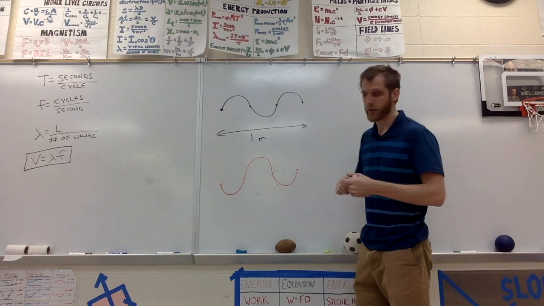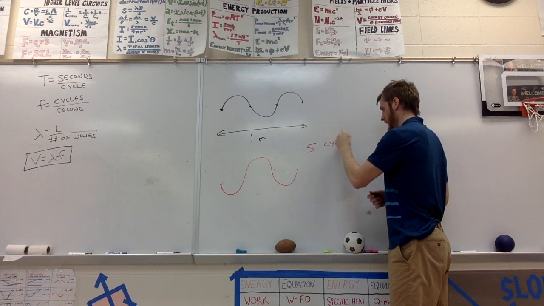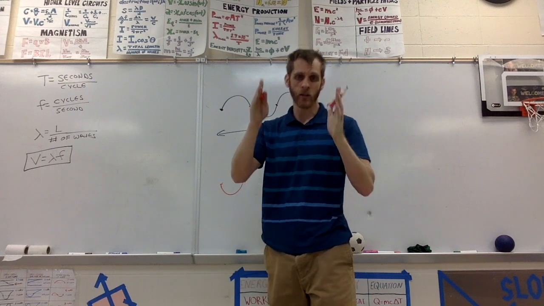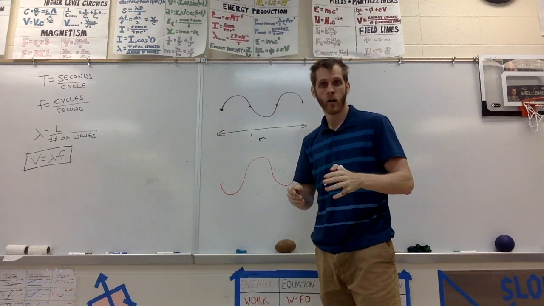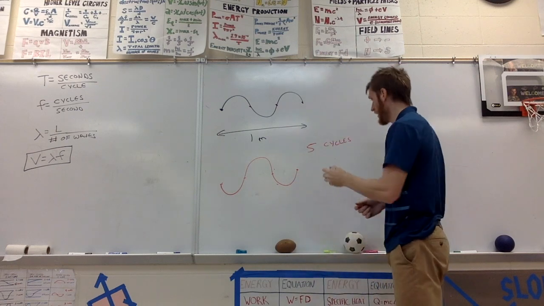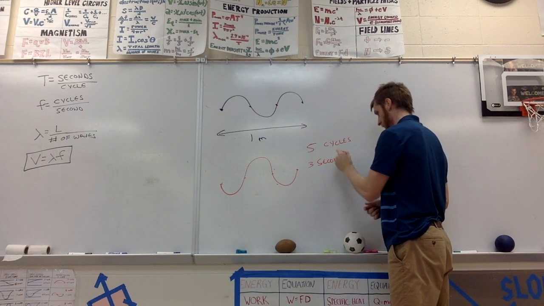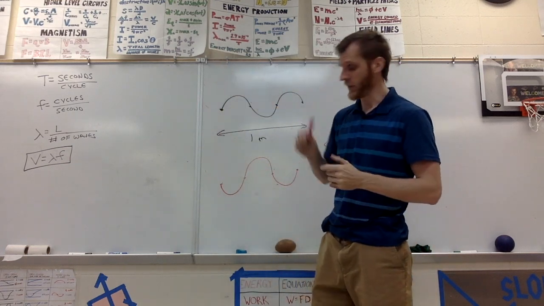So it's 5 cycles, and the video was slowed down. The original length of that video was 3 seconds of what I originally timed. So 5 cycles in 3 seconds. Now we can calculate all 4 of these things with the wave.